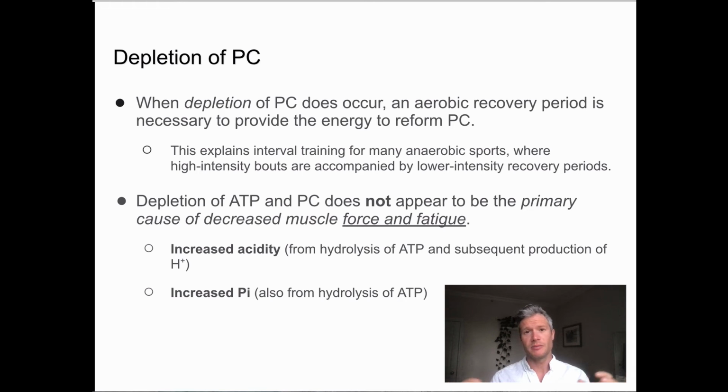As the phosphocreatine system can't keep pace with the rate of hydrolysis, and we'll go back to the reaction in a moment, which will help illustrate this, we get increased acidity in the cell because there are more hydrogen protons in the area, and there's also more of that inorganic phosphate molecule I was talking about earlier floating around the cell.